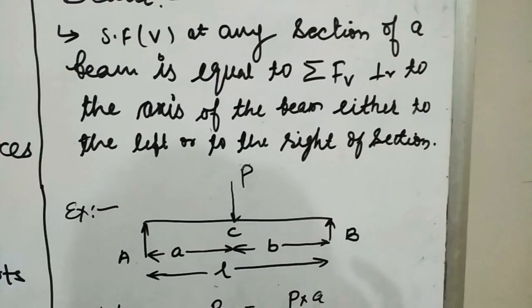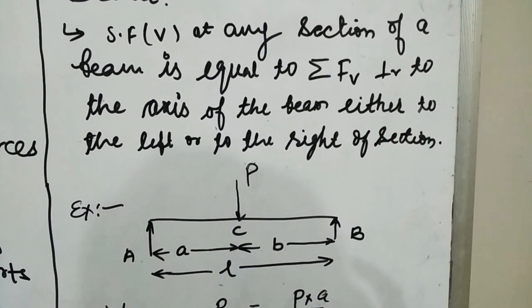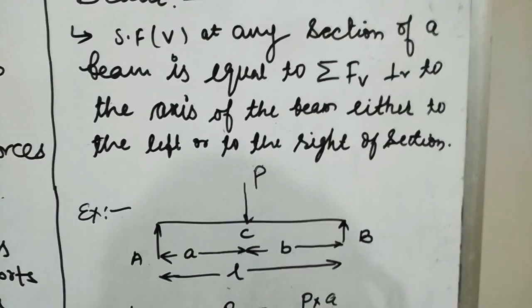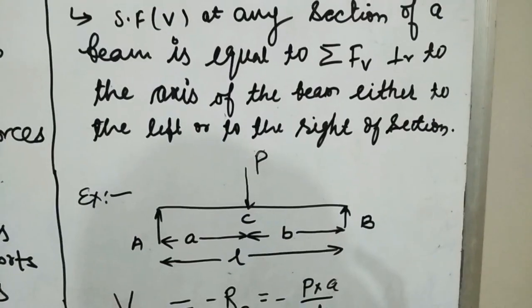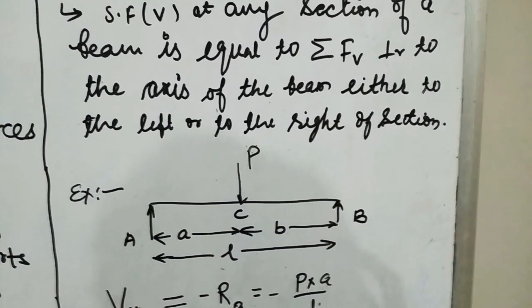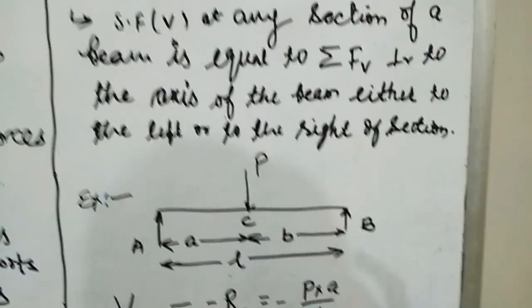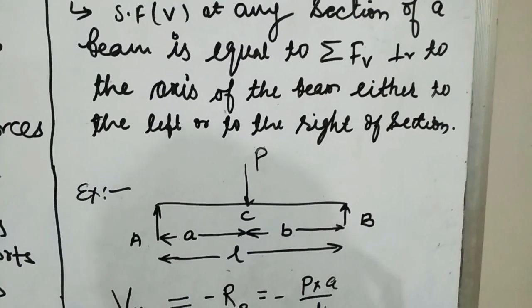For the shear force at A and B, we need to find out the reaction forces. By applying the condition of equilibrium, that is the condition of static equilibrium, we will find out the value of reaction forces RA and RB.